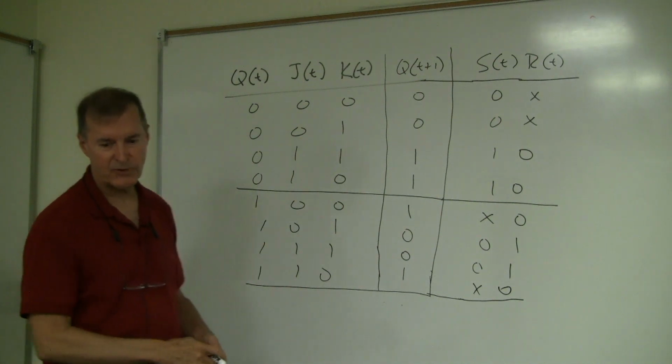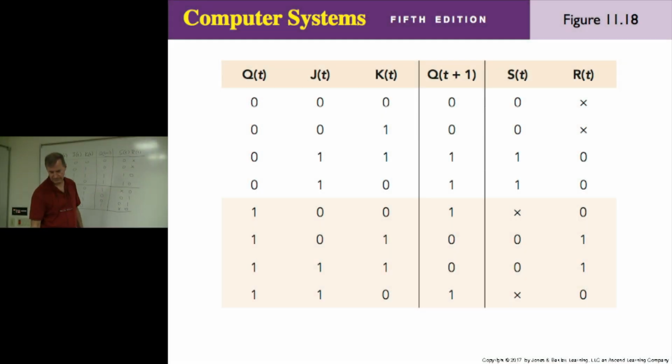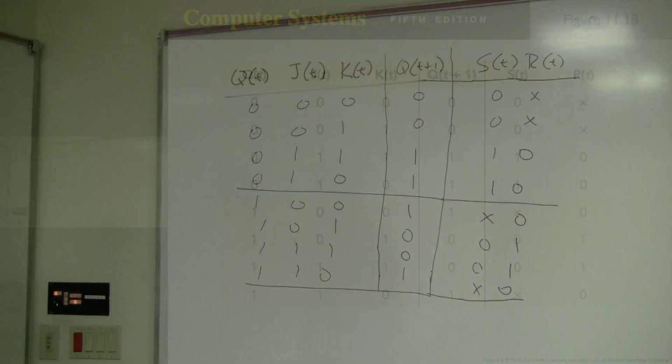Are we good? Let's see if we got it right. Yep, we did it right. We were actually cheating, it was up there when we were doing it. Anyway, don't tell. All right, anyway, this is good.